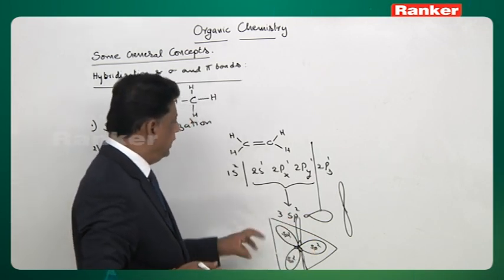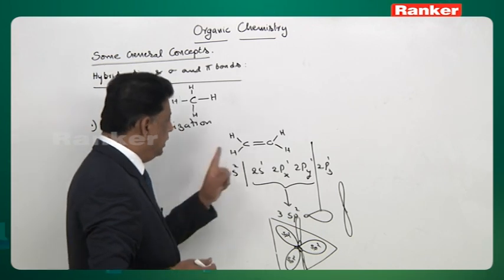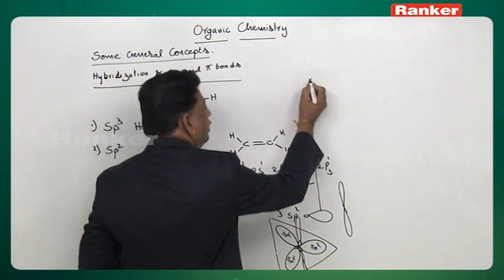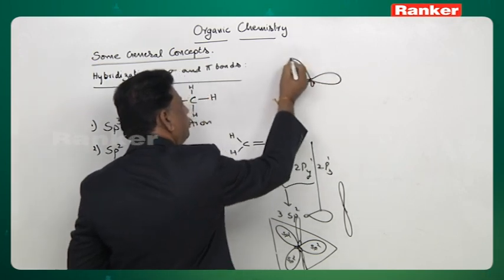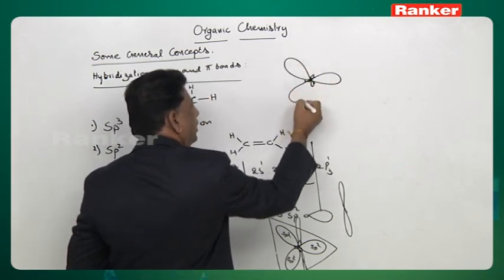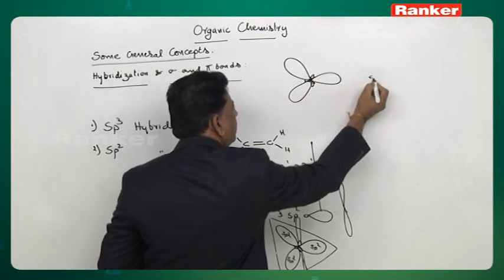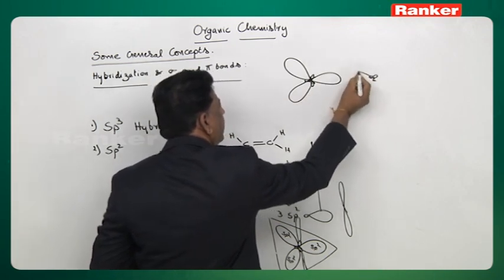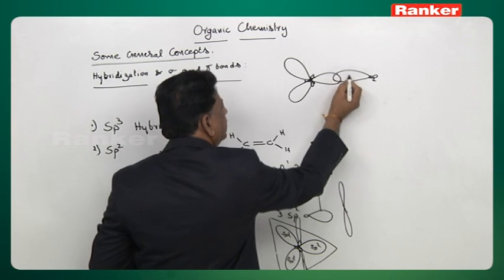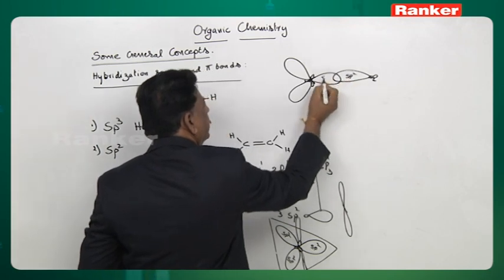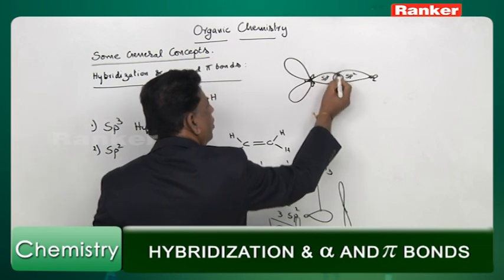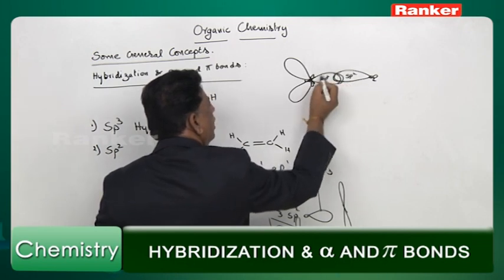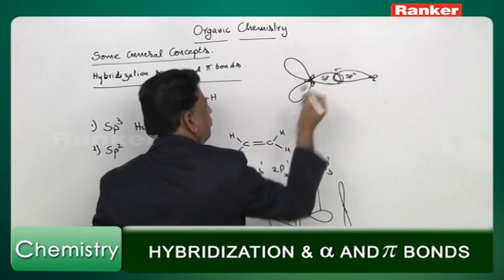Now to explain this, I have to take 2 such carbons: carbon 1 having 3 sp2 hybrid orbitals, and carbon 2 also having sp2 orbitals. So sp2 and sp2 make 1 sigma bond, since strong overlapping always gives a strong bond. This bond is called a sigma bond.